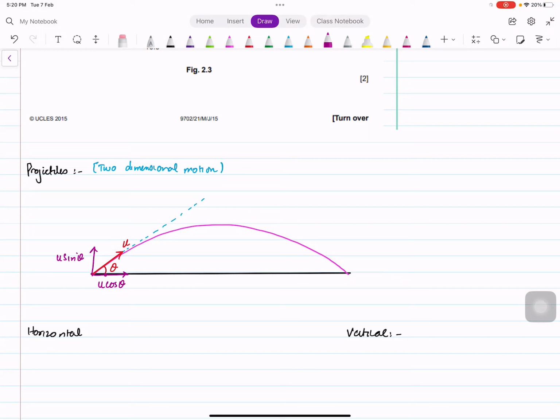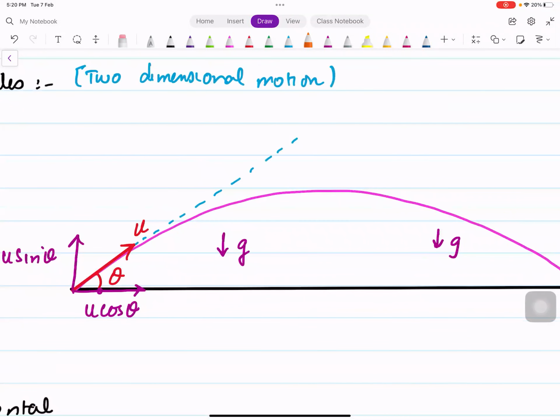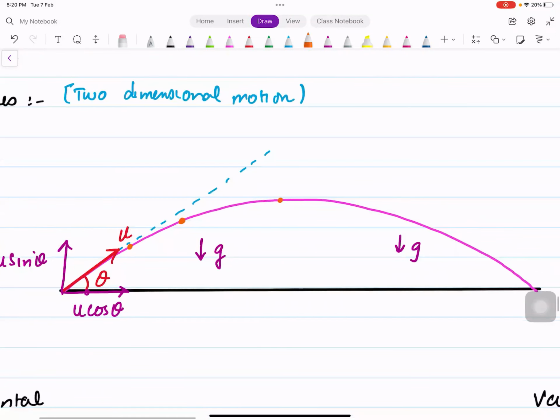Then what happens is that the acceleration due to gravity is always down. So the vertical component keeps on changing, which means if I take a couple of points like this one, the top one, and then this one, and this one, it keeps on decreasing its magnitude. And then here, u sine theta is 0.